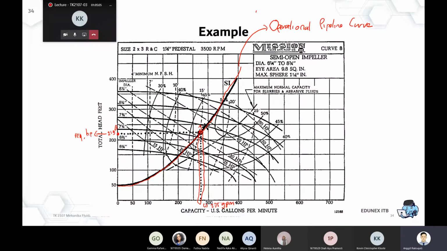And the actual condition, uncontrolled, to get to 219 feet at 275 GPM, you will be at this intersection, right? And that is between the 7¼ and 7¾ impeller diameter.